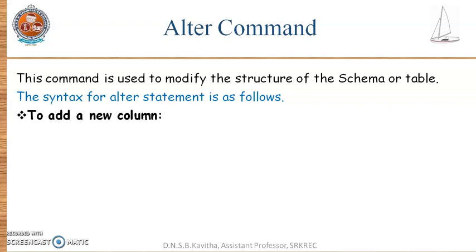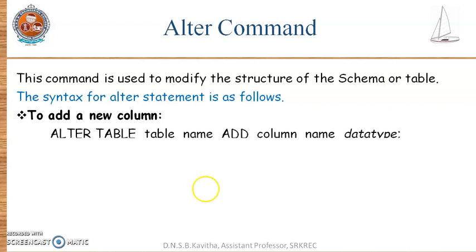The syntax for alter statement is as follows. To add a new column, we use alter keyword followed by the table keyword and then the table name. We use the keyword add and then which column you want to add, that column name is specified here, and its corresponding data type.